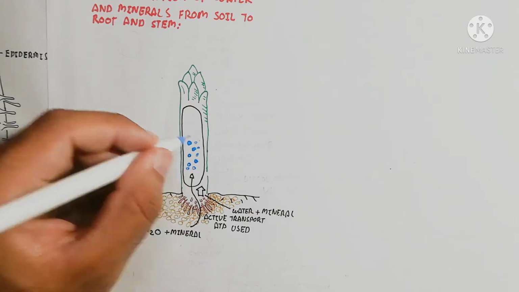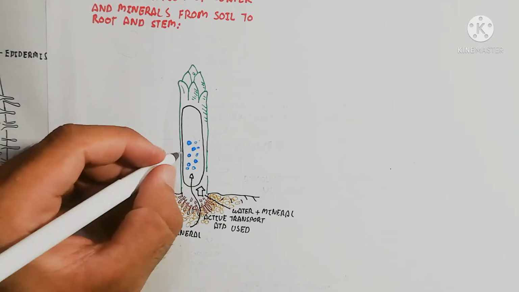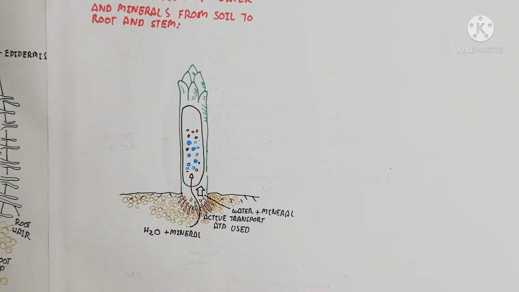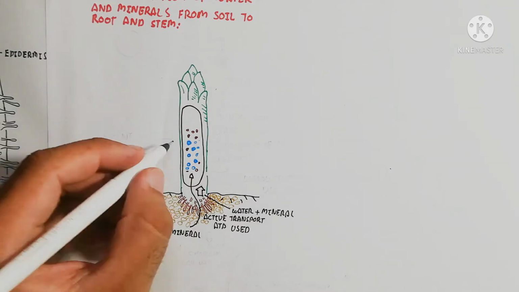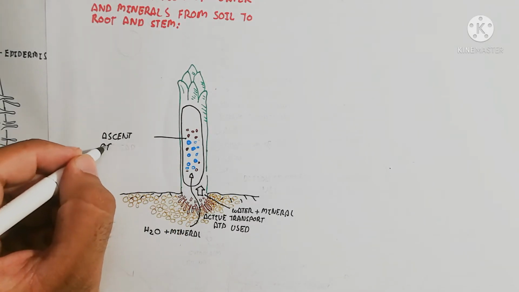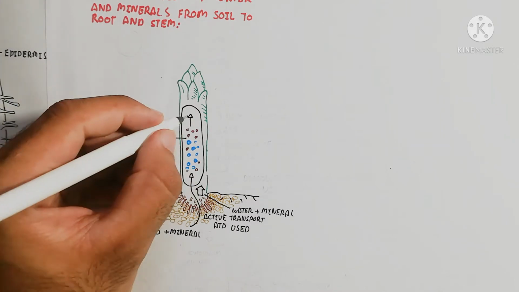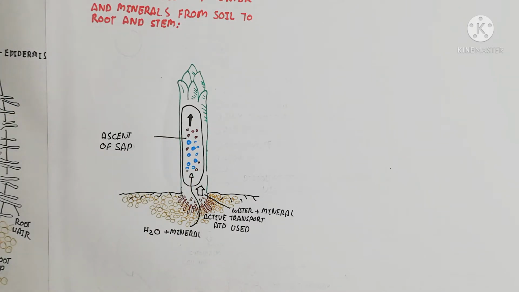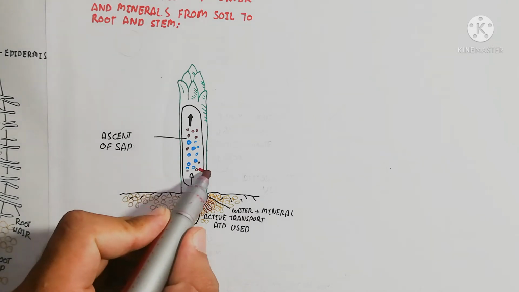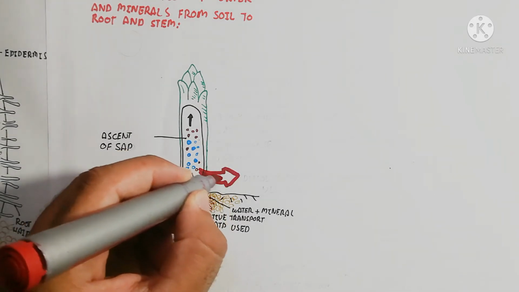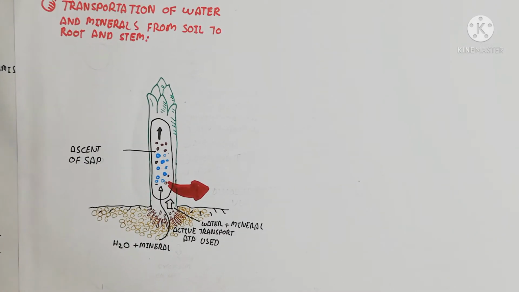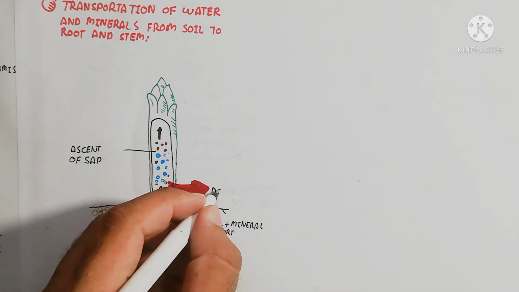Why? Because it is against the osmotic gradient, against the concentration gradient, because the inside of the root is more concentrated than outside, but it is used for the absorption of water and minerals, due to the survival of the plant.